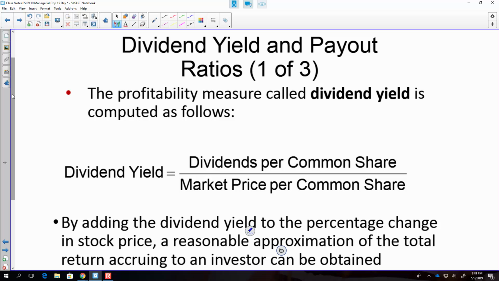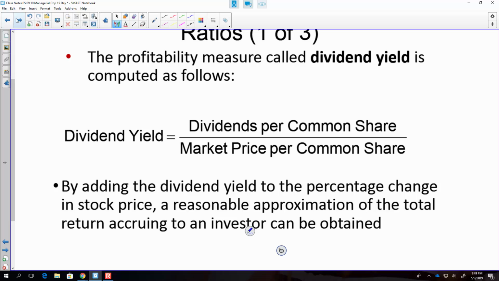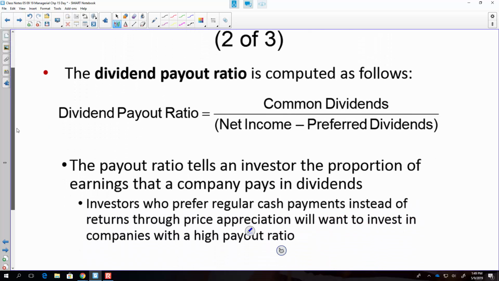We simply, in this case, take our dividends per common share and divide it by the market price per common share. Just a return measurement. Again, these are some that you probably will never use, but with our formulas, we can just plug them in and compute the answers.